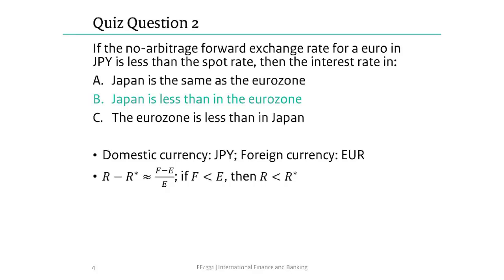It being negative implies that domestic deposit rates must be less than foreign deposit rates. So how do you translate that to English? Well, it just means B, Japan's interest rates are less than the Eurozone's interest rates.